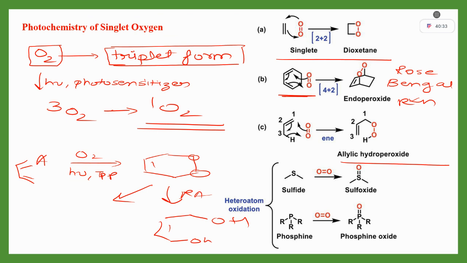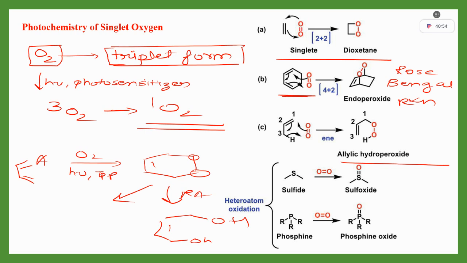So you all should know the photochemistry of singlet oxygen. The first take-home message from this slide is that on the arrow there should be a photosensitizer that can convert triplet oxygen to singlet oxygen, because in that form it is reactive.